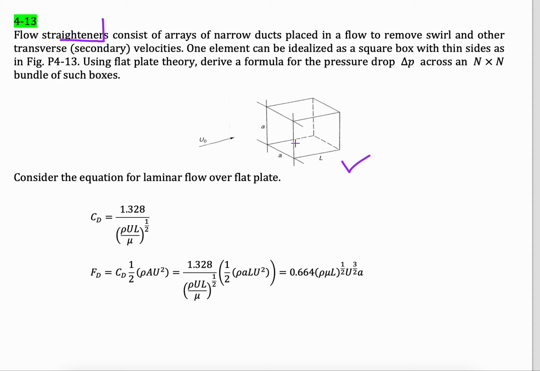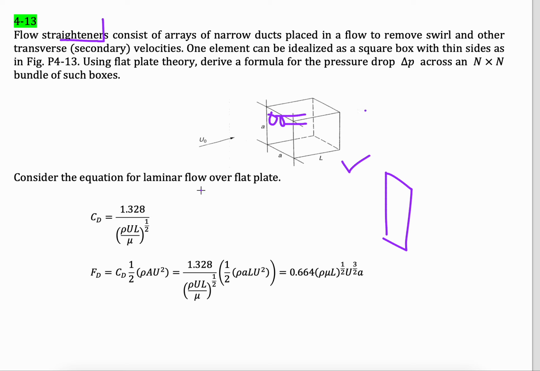The simple way to create a flow straightener is to use straws. For example, you have a frame like this one, and then you put a lot of straws inside this box, and it becomes a flow straightener. But for a high quality flow straightener, the shape of the small box is actually similar to a honeycomb. That's why we call it the honeycomb.